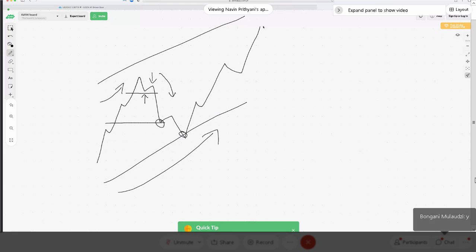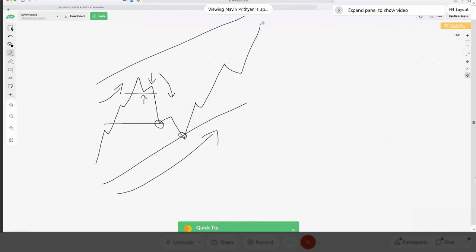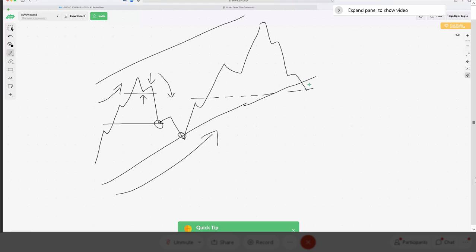So this thing does this now. Let's say it goes like this. And you're like, okay, it's come very deep into this support resistance, right along the lower part of the channel. Can I do this buy? It looks like it's a downtrend, right? I love these. Do that buy.